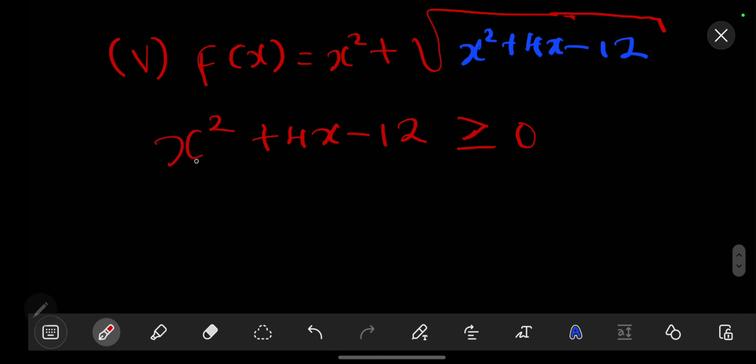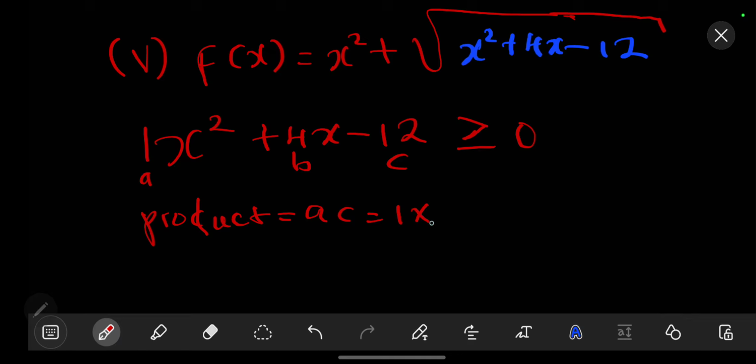Then what we are going to do is solve the quadratic. So we have the product, which is equal to AC, where the coefficients are our A, our B, and our C. Here in front we have A, so AC will be equal to 1 times negative 12, which is negative 12.